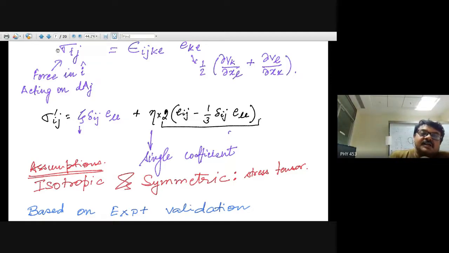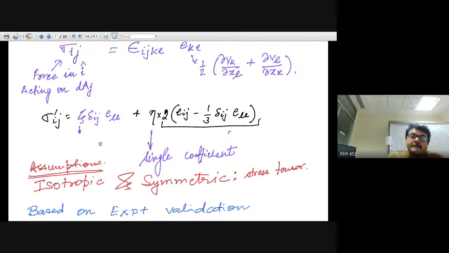So in general, these two tensors will be related by something which has four indices, because a velocity gradient in any particular direction can cause a stress in any other direction, which has two other components. That would be in general the property of tensors. If this depends on this, there will be four indices here.